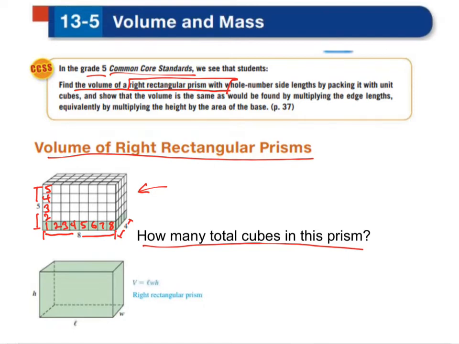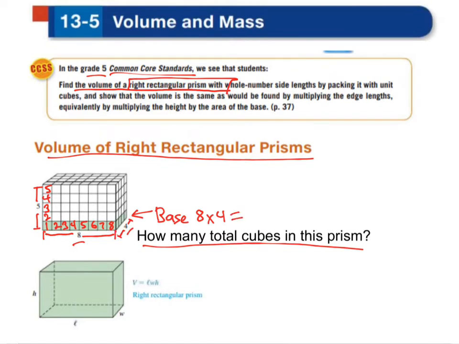Well, how many on the ground? Let's call it base, ground level, base level, whatever. The base is 8 by 4, right? There's 8 rectangles across, 4 rectangles deep.